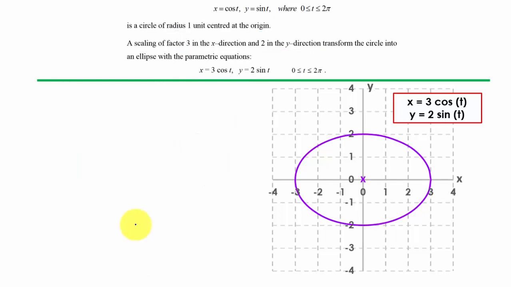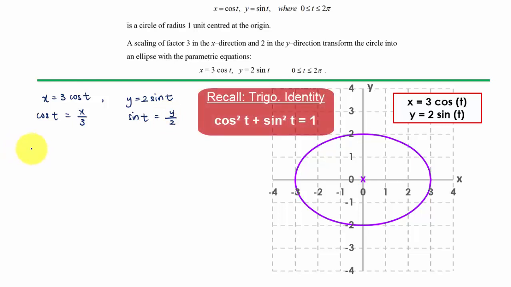Let's go one step further. This is the equation of our ellipse. If we rearrange this to get cosine t equal to x over 3, and rearrange this to give us sine t equal to y over 2, recall our trigonometric identity, cosine squared t plus sine squared t equal to 1.